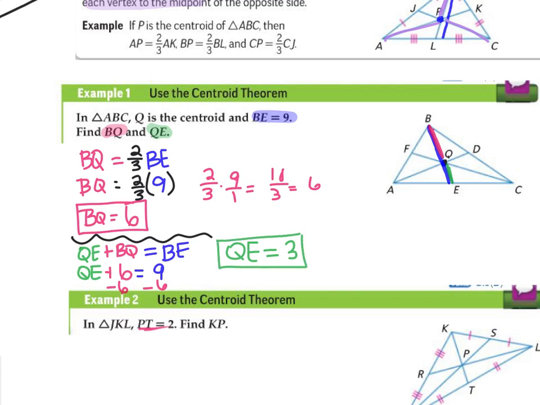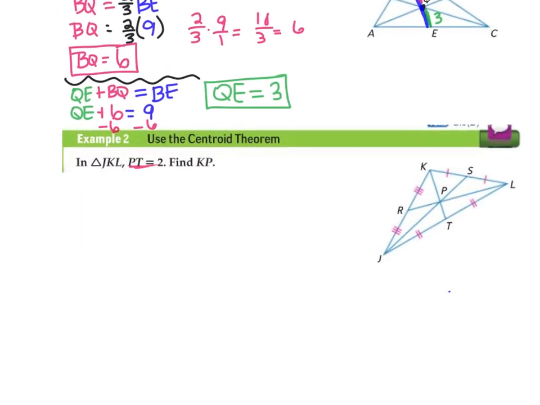So QE is 3. So what do you guys notice about these two numbers? The long segment is 6 and the short segment is 3. There's actually a reason behind this. Maybe you'll see it in the next example.